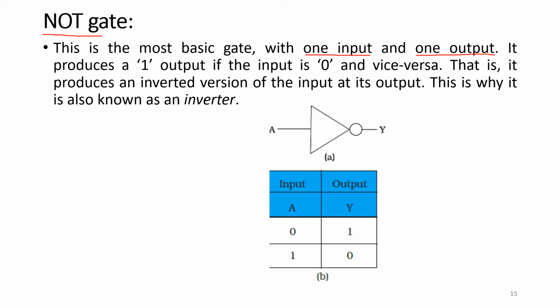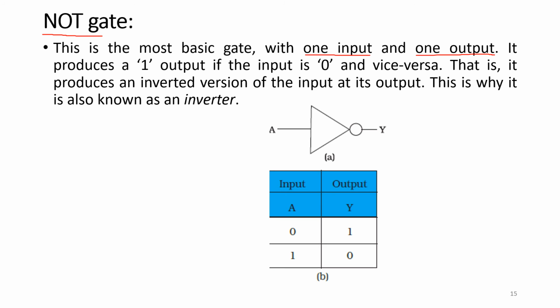Please see the figure. A is the one input and Y is the one output. There is no other output. It is represented by the symbol shown in the figure: a triangle and a circle, with an input terminal and an output terminal.